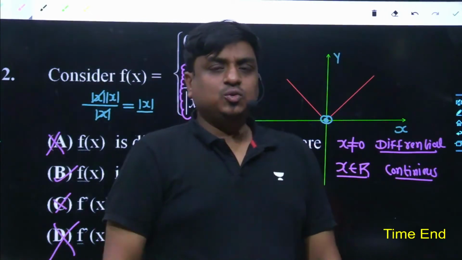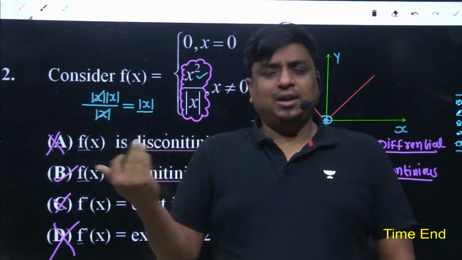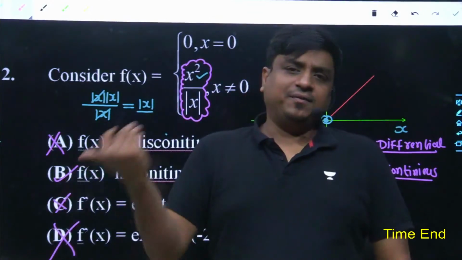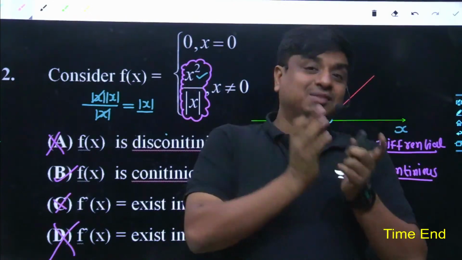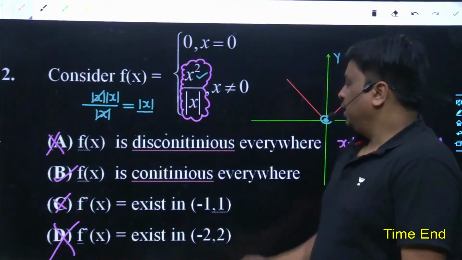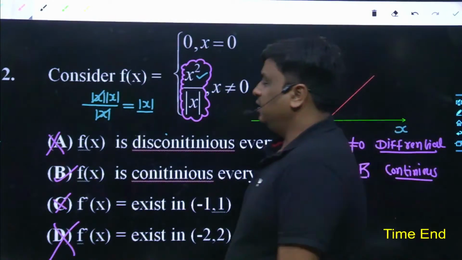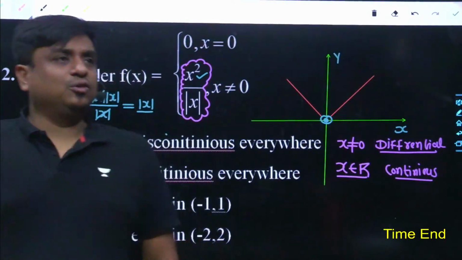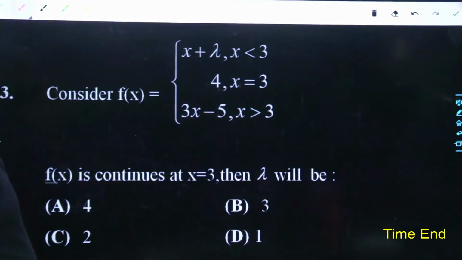Otherwise, mathematically you could have gone behind the calculation of continuity: left-hand limit, right-hand limit. If the left-hand limit is the same as the right-hand limit, the limit exists, and if its worth is the same as f of c, the function is also a continuous function. And the same goes with the differentiability test as well. So I feel the second should also be understood by most of us. In the same sequence, I think this is the right time.